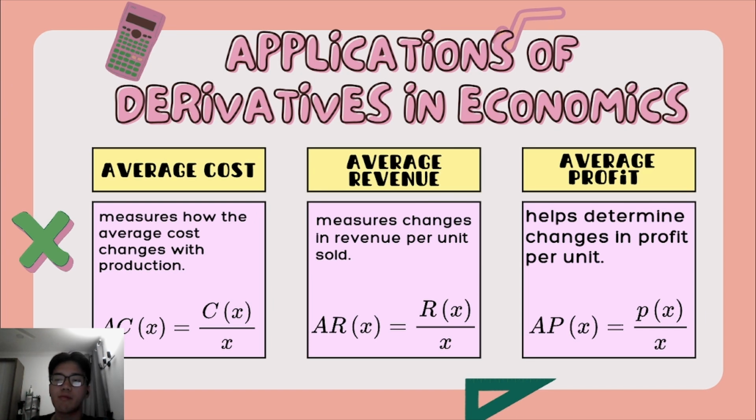And last is the average profit, which helps to determine the change in profit per unit, and the formula is AP(x) equals P(x) over x. Now I'm going to give three examples for the functions.